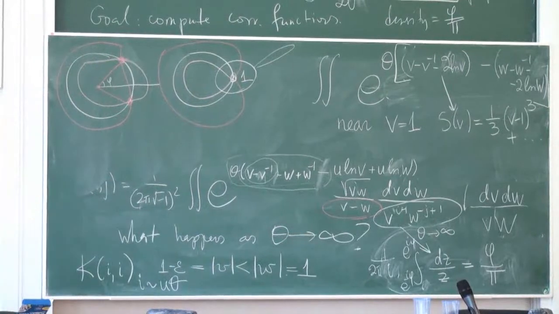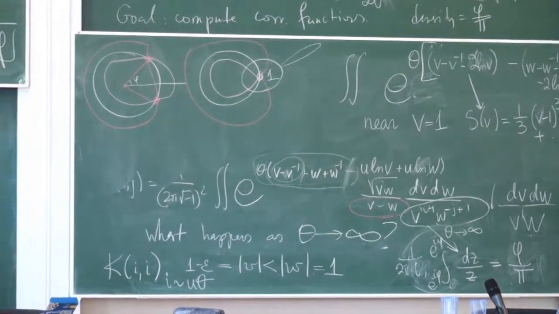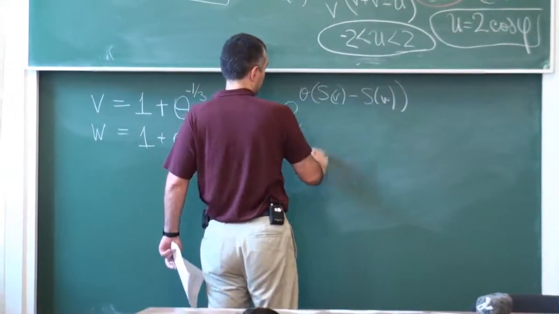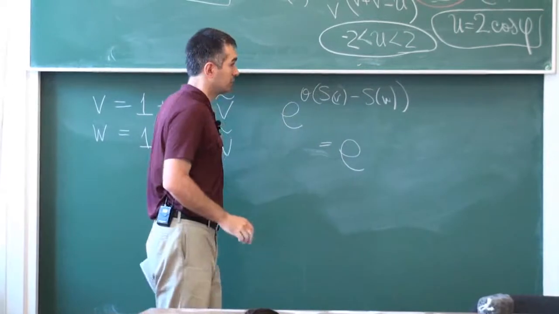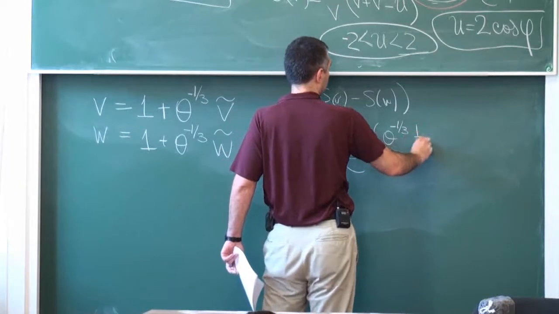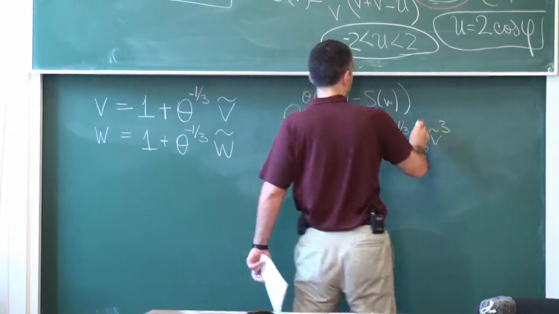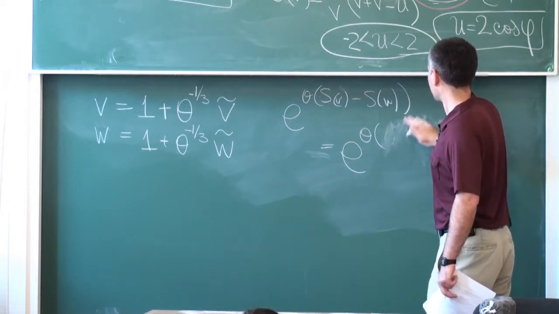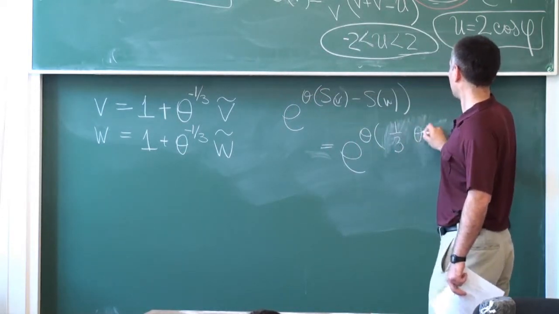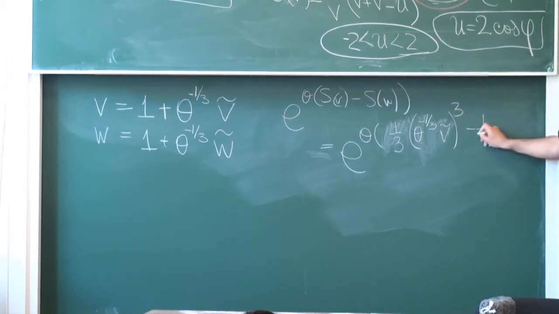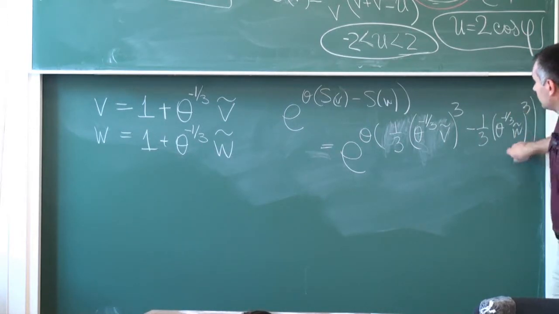So now if I do that, then e to the power theta times s of v minus s of w is equal to e to the power theta, 1/3 theta to the power minus 1/3 v tilde cubed minus 1/3 theta to the power minus 1/3 w tilde cubed.